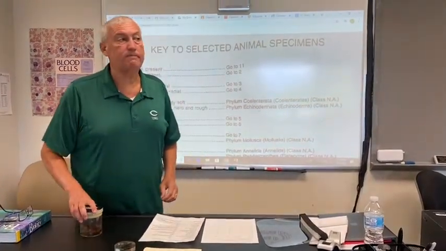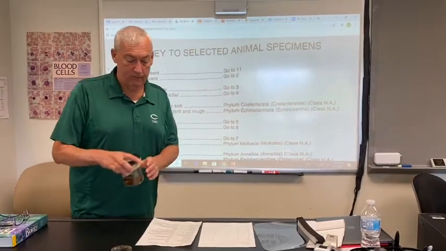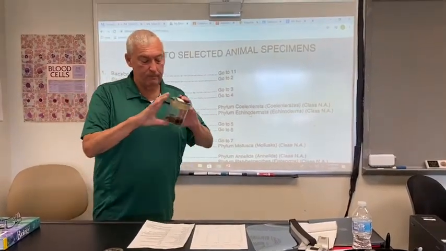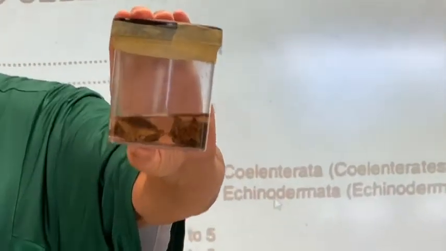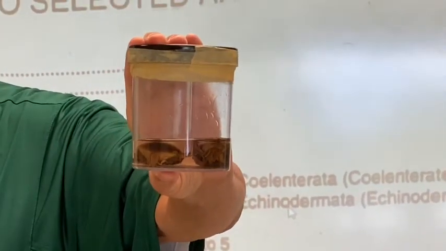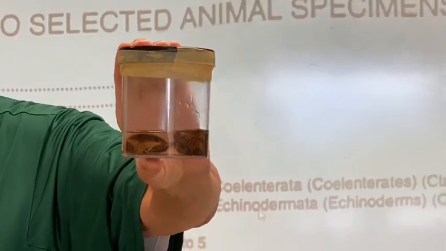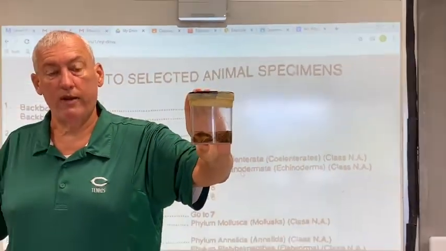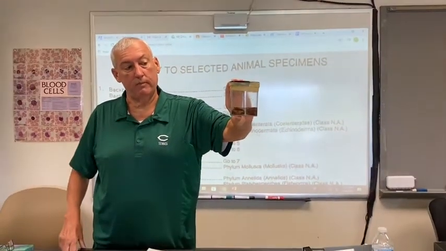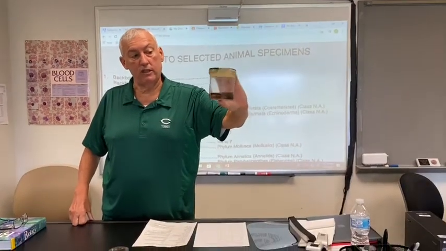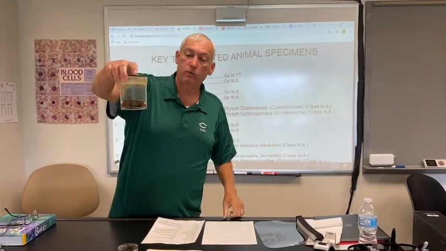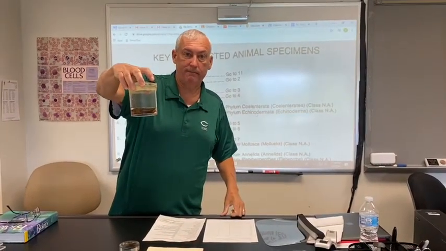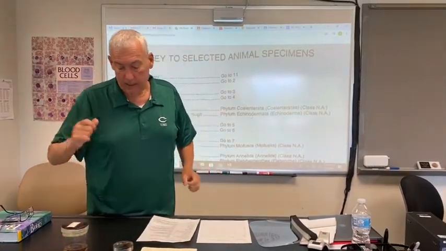So let's do a couple of examples. The first organism we're going to try to classify is a bat. When you are in class, it'll be a little bit easier to actually see the specimen, but what we have here is a jar with 2 fruit bats in it.